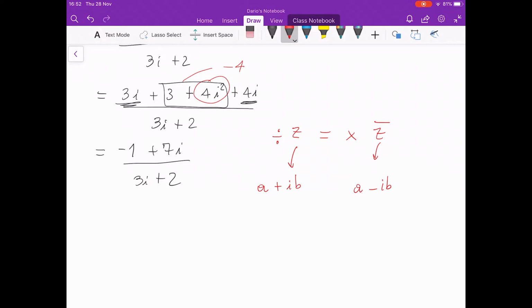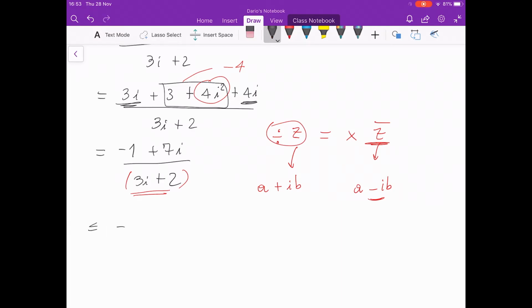So in this case, at the denominator, we are dividing by z, so we're dividing by 3i plus 2, and that corresponds to multiplying by the complex conjugate, which is obtained by taking the opposite of the imaginary part. So in front of 3i, we're going to put a minus there. Okay, let's do that in order.